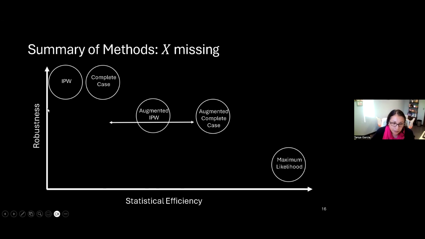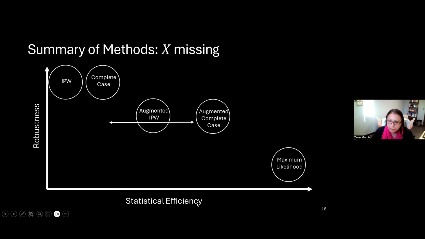So by robustness, I mean that these methods rely on certain key aspects we call distributions. And the idea with robustness is that can we misspecify those distributions, so assume wrong distributions, and still get the right result, still get the correct estimator that we're interested in. So this is the robustness. The ideal situation is that we can be very wrong about these distributions and still get the right result.